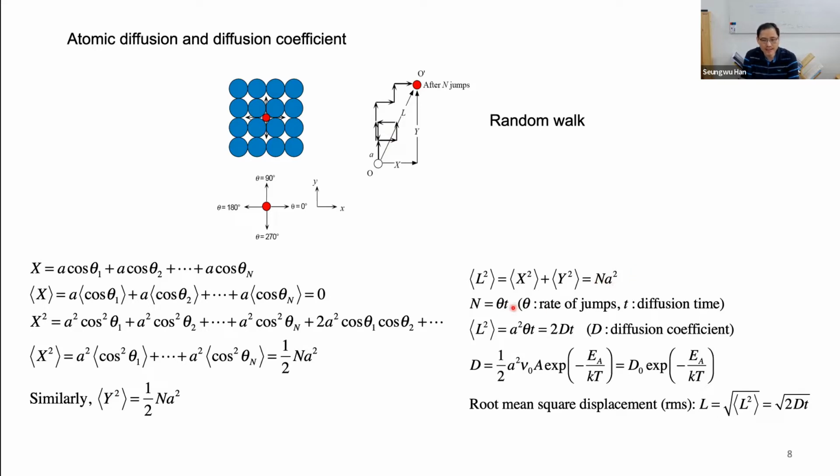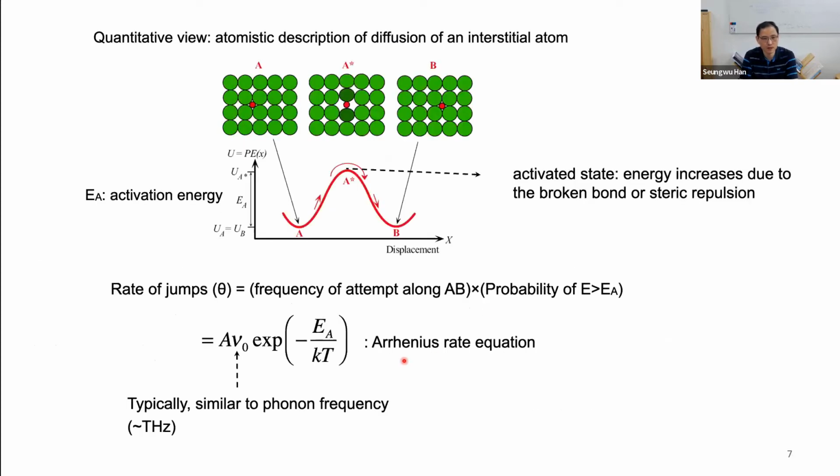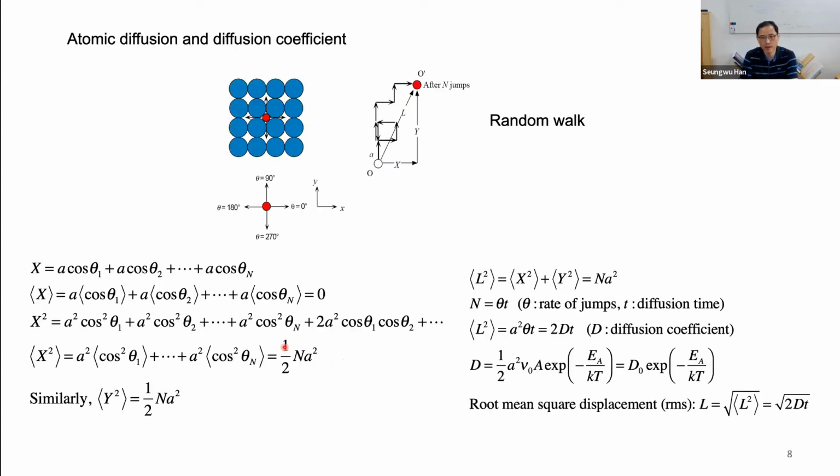If t is the diffusion time, how long has passed from the original position, then t times theta, where theta is the rate of the jump that we have discussed just before, gives you how many times it jumped for a given time t. So n is equal to theta t, and this is the L squared expectation value.